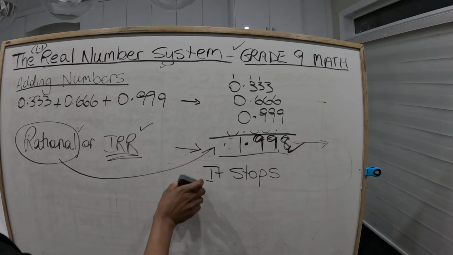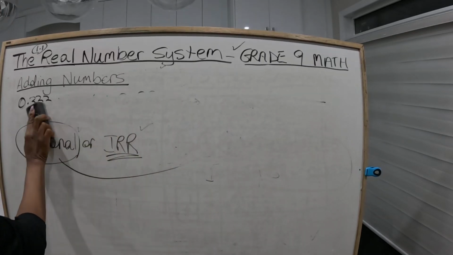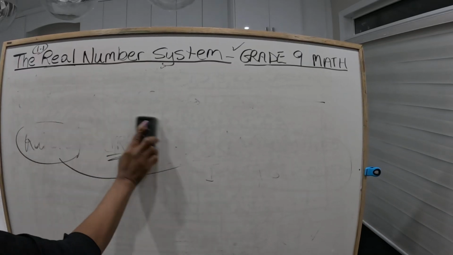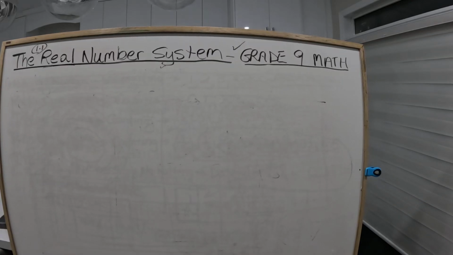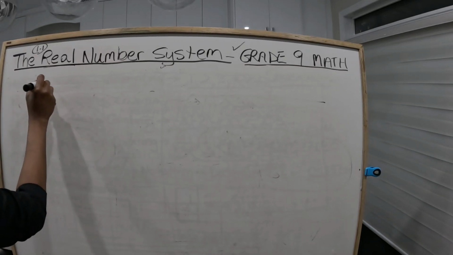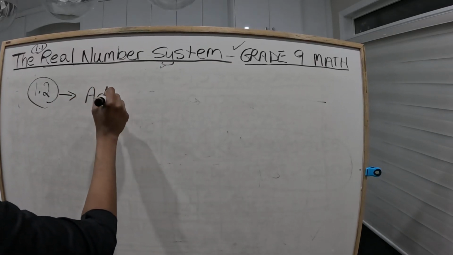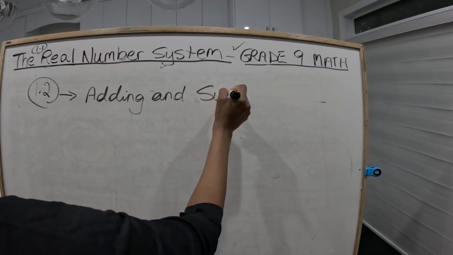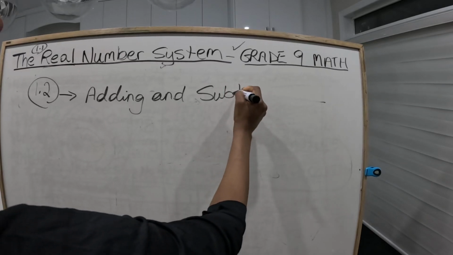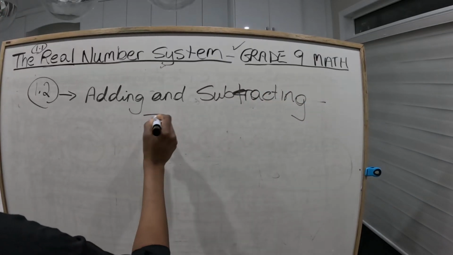And that is basically 1.1. So next time we're going to be doing 1.2, and that will be on adding and subtracting integers.